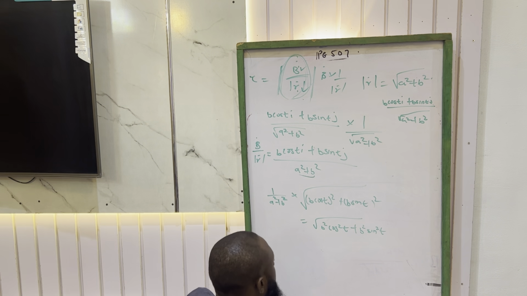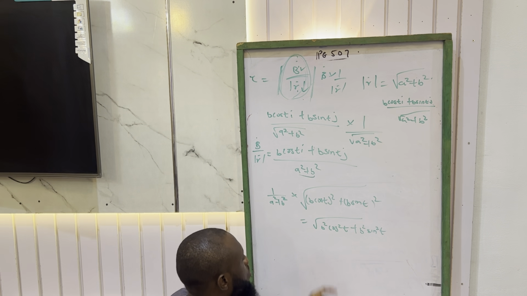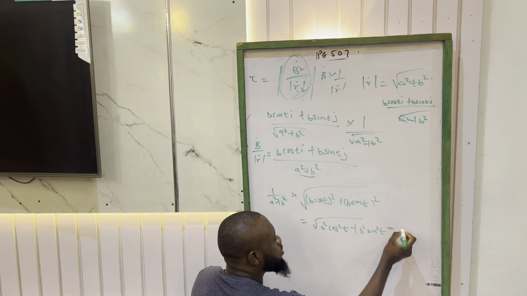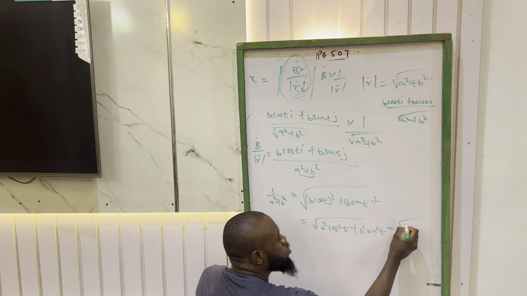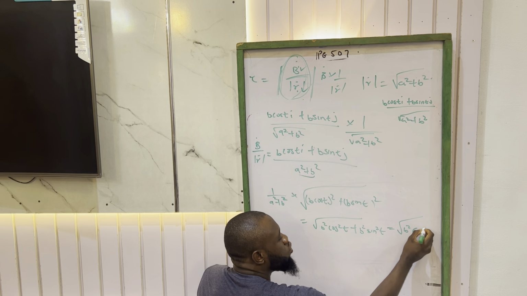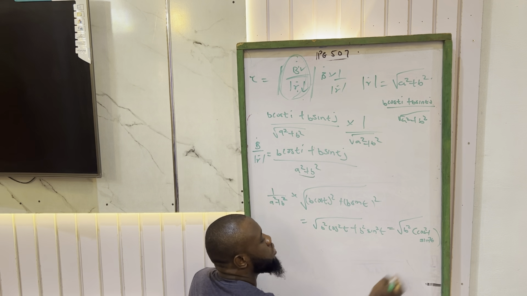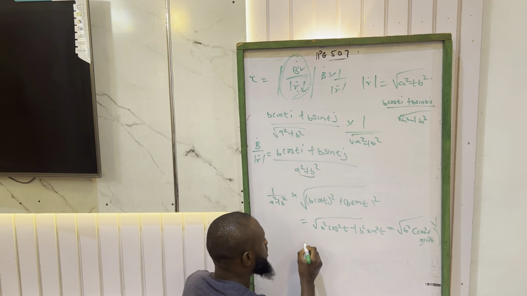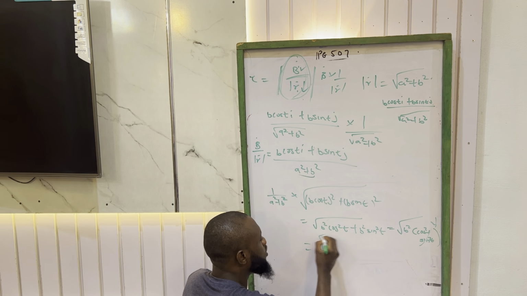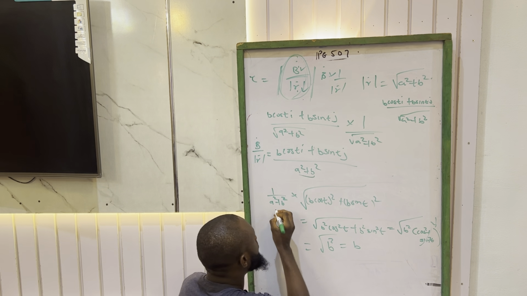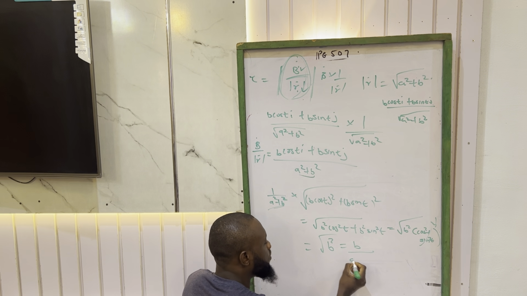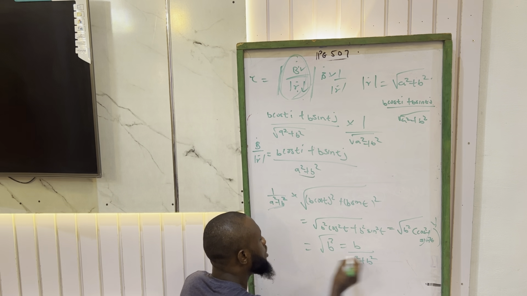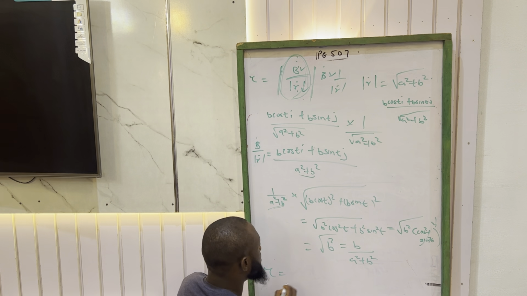As usual, we factorize. This will give us the square root of b squared open bracket cos squared t plus sin squared t. This evaluates to 1, so we are left with the square root of b squared, which is b. Then we should not forget we have this over a squared plus b squared. So our torsion is b over a squared plus b squared.